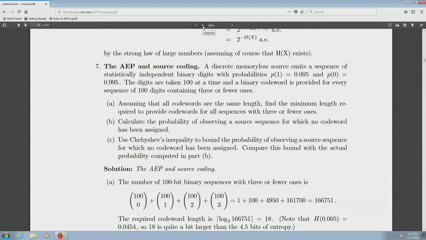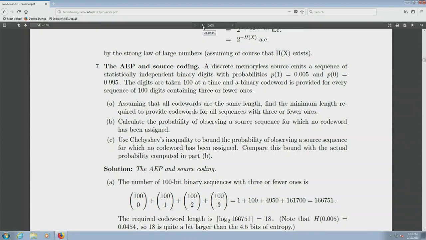Okay. How many are there of 0 ones? Isn't it just one? Yes. Or 100 zeros, excuse me, right? No, one. 100 zeros is part of the, we want all words with 3 or fewer ones.